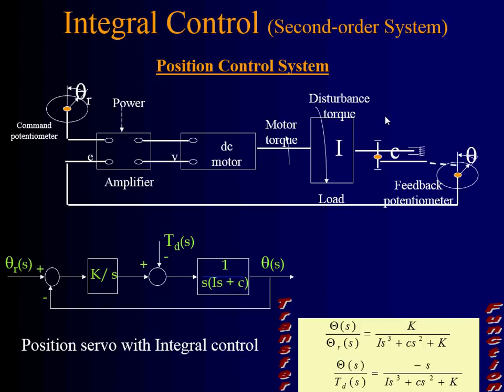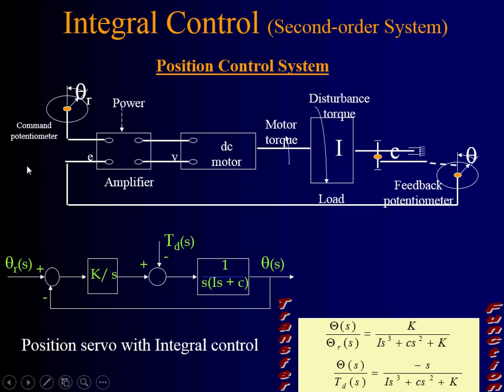You have the motor in here, a DC motor. You have a disturbance torque in here, and then this is where you measure it. You feed back to this amplifier, compare it to the command, to the desired value, and there you have your control system.